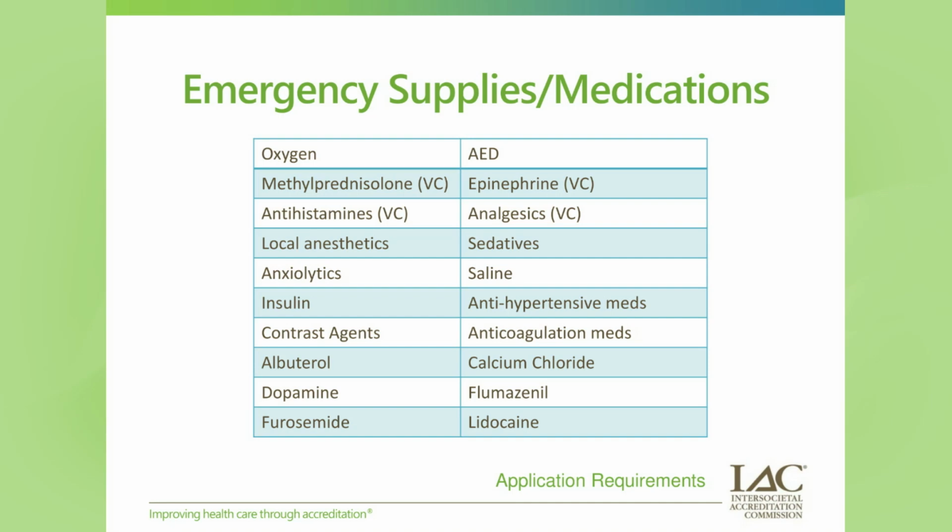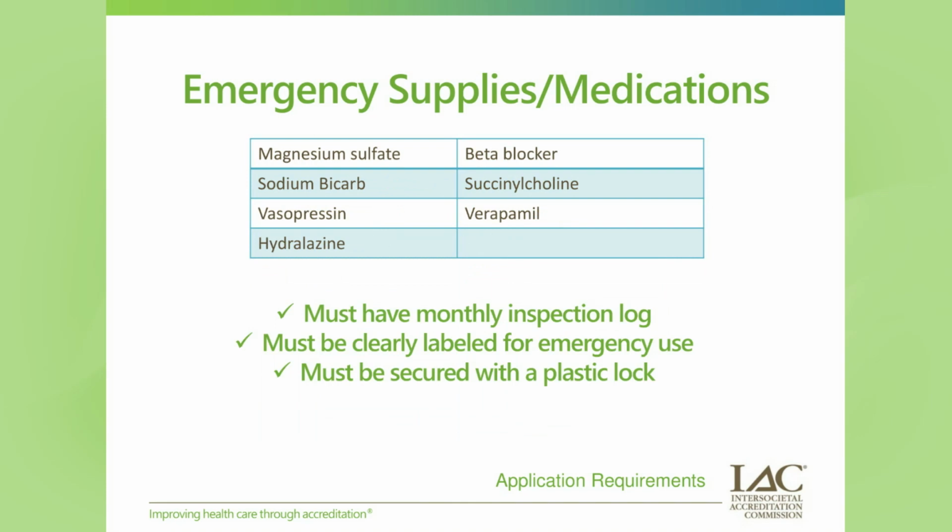The rest of these are all for your new procedure areas that include local anesthetics, sedatives, saline, insulin, calcium chloride, dopamine, lidocaine. You see the list here. These are also listed in the standards. Additionally, we have beta blockers, succinylcholine, vasopressin, sodium bicarb also listed here, which is very important.